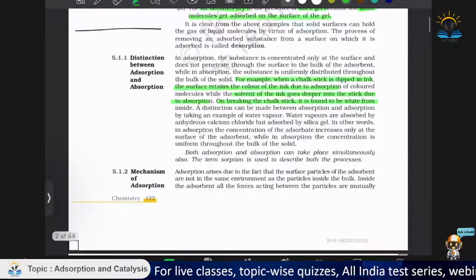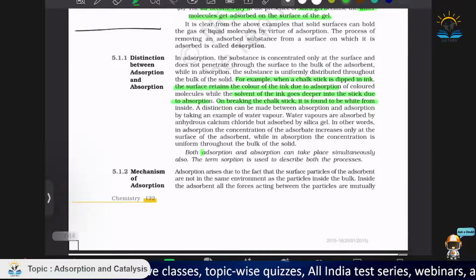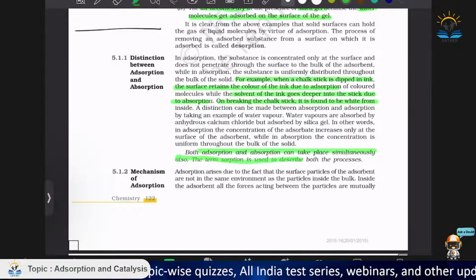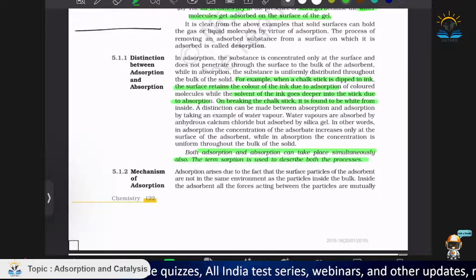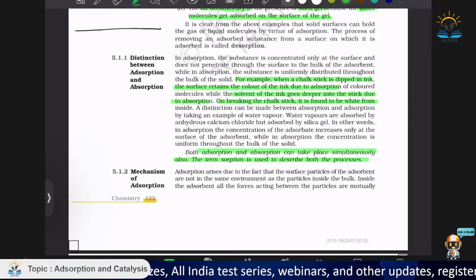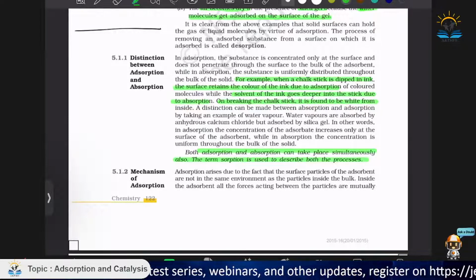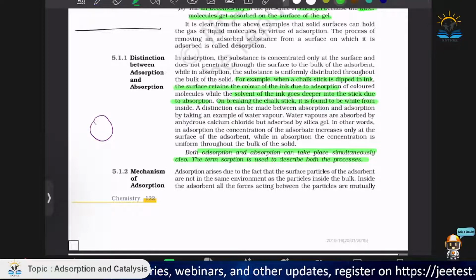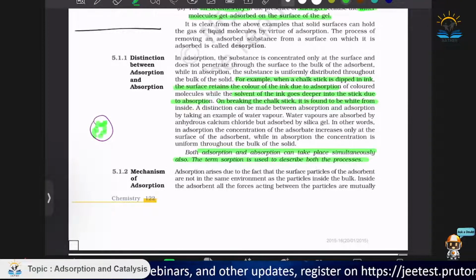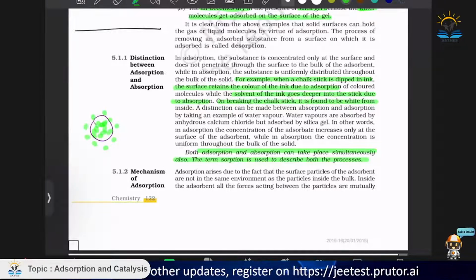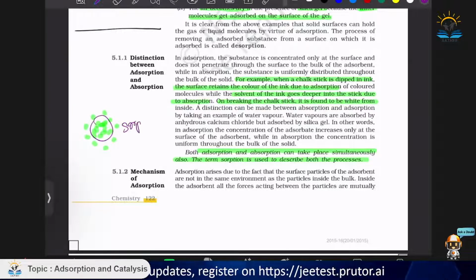Both adsorption and absorption can take place simultaneously, and the term sorption is used to define both the processes. Which means that if in a molecule both absorption and adsorption have occurred, this will be defined as sorption.